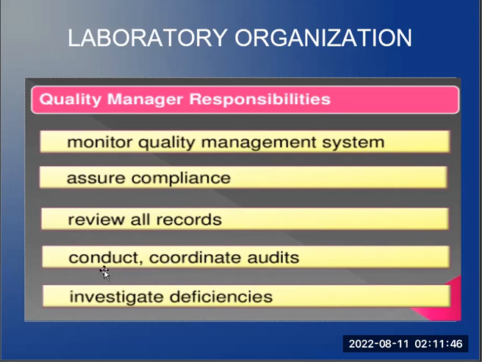Next, conduct and coordinate audits. These audits look at how many tests have been done in the lab or in that particular section of the lab, and especially the wastage.